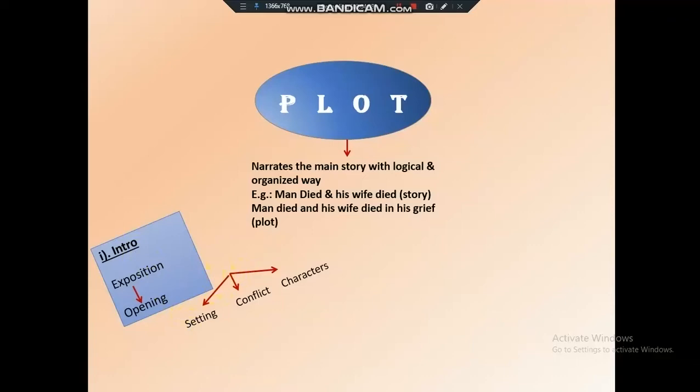Setting means the place where the play took place. Then conflict. What is the conflict in the play is described in the beginning. For example, here the conflict between Christians and Jews is depicted. Conflict between Shylock and Antonio is presented. And in the introduction, some significant main characters are also introduced. Got it?